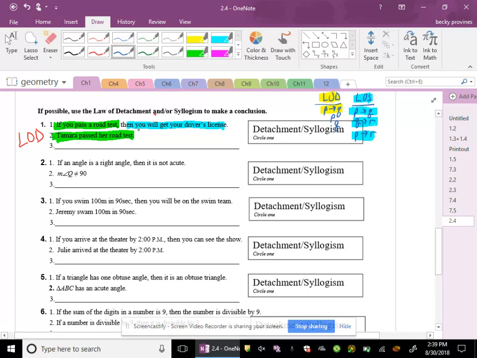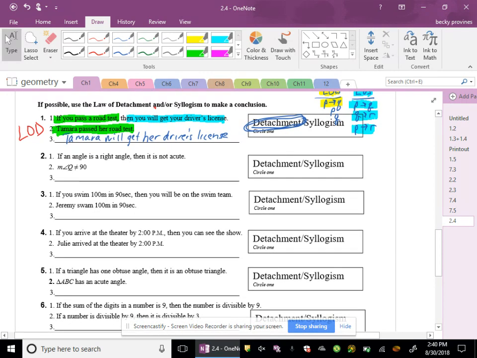Instead of you will get your driver's license, you're going to use the girl's name. Say Tamara will get her driver's license. Okay, so I used law of detachment. Let's make sure we circle or highlight that.